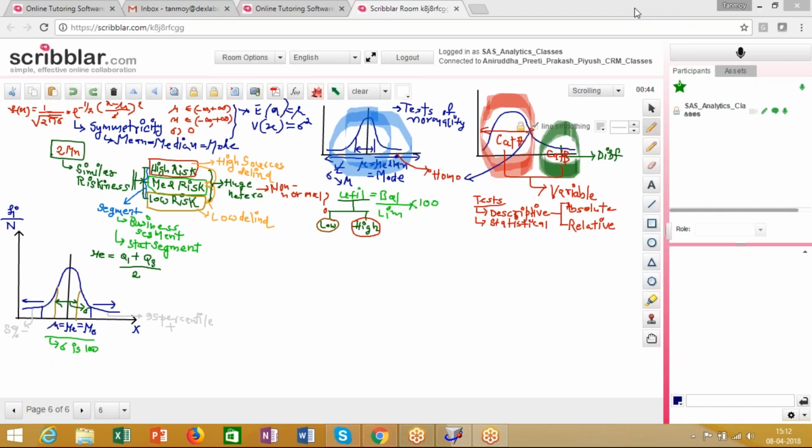Third, the values above the 95th percentile and below the 5th percentile should be more or less constant. And another characteristic is that the median should equal the midpoint of the first quartile and the third quartile.